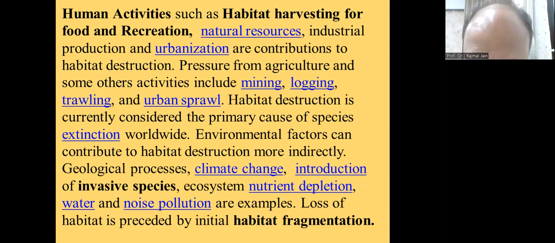Another system is habitat fragmentation. You see, in a given area, when some kind of habitat is already there, and in that area, due to one reason or another, by climate change or other system change or ecological imbalance, etc., it starts to fragment into different zones nearby, within 2 kilometers, 5 kilometers.